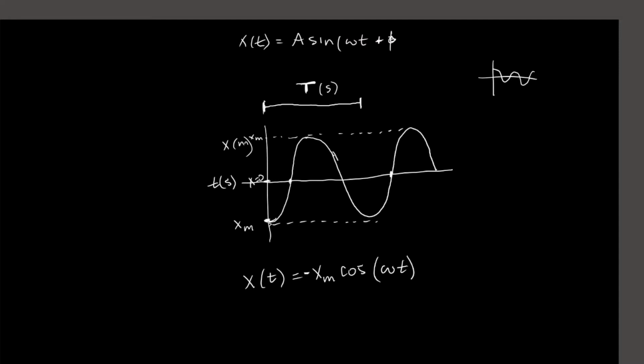Although we're just going to say ours is 0, since this just determines where we put t equals 0. And then it could also be shifted up some amount, maybe c. And our c is also 0 since we put our equilibrium position at x equals 0. That's just a general equation.